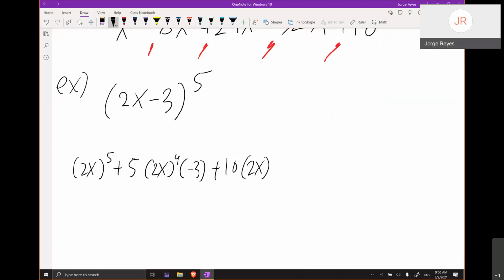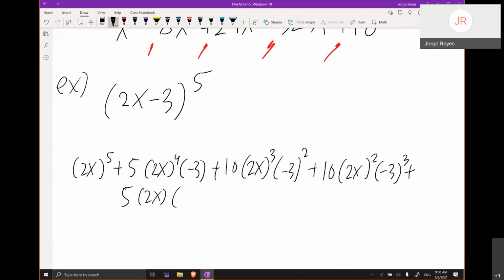But this is the same. Do not worry. 1, 5, 10, 10, 5, 1. This goes up by 1 plus 5. 4 plus negative 3 to the 5th. Okay?